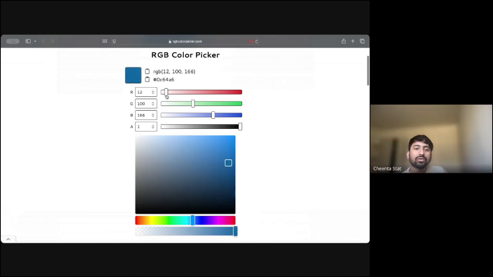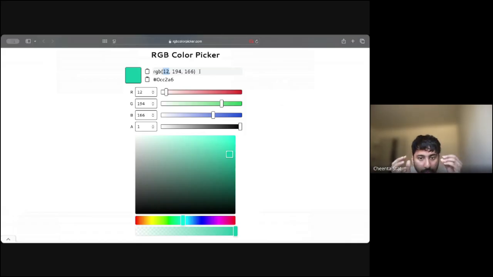Now you can see, for example, keep it here. The maximum value of R is 255. So what you are doing is 12 by 255, that amount of red you're taking. For green, you're taking 194 by 255. So essentially all the numbers are between 0 and 1.